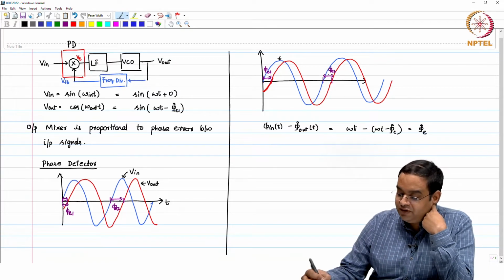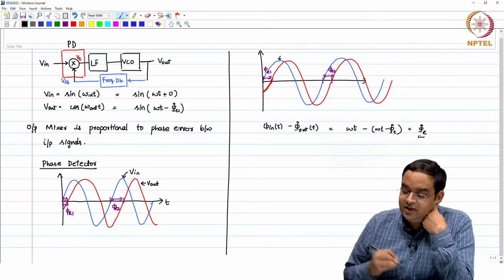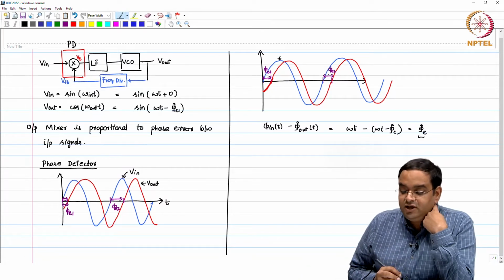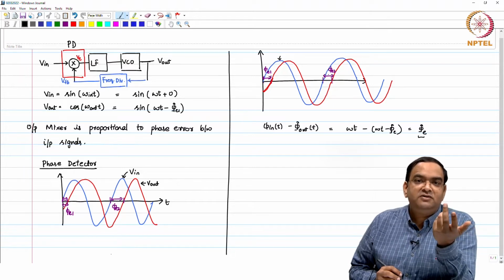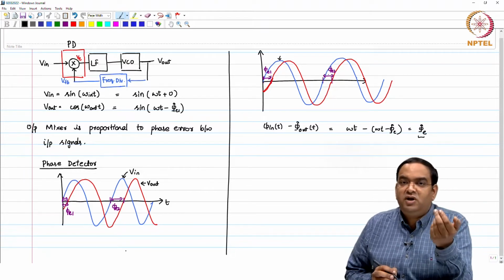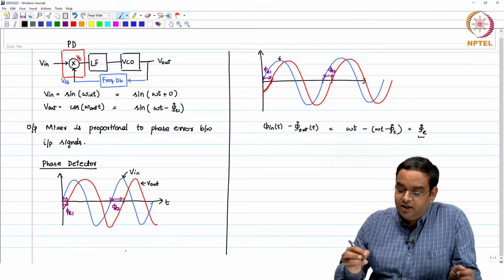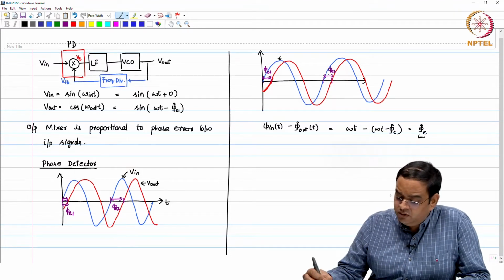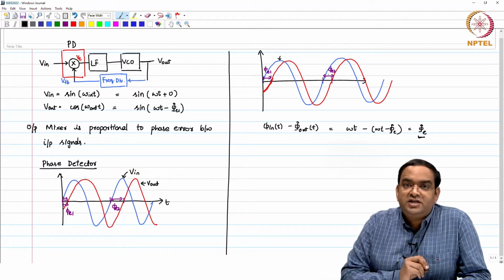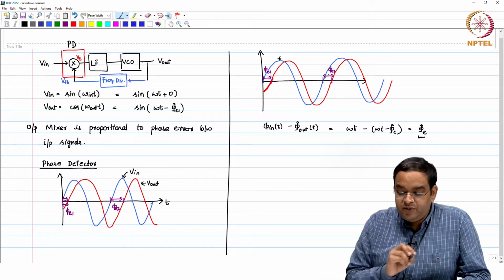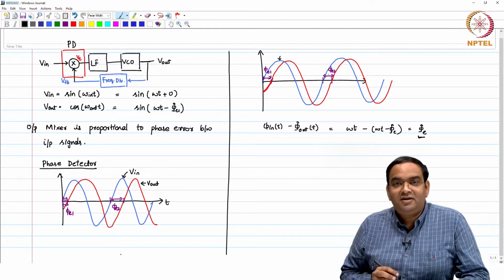And if the two frequencies are same, as you see that this error will be constant, it will not change with respect to time. If the phase error does not change with respect to time, that has been one of the locking conditions for the PLL.